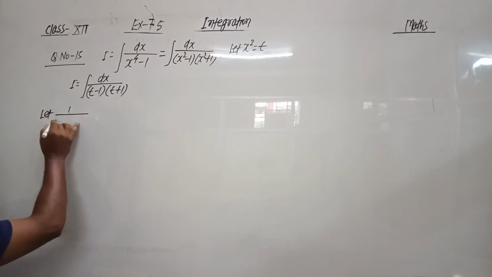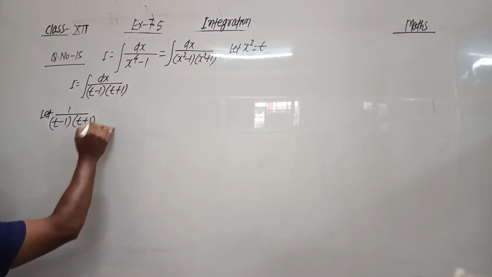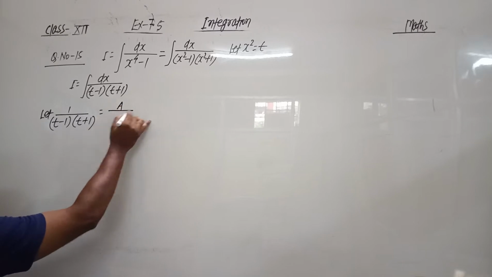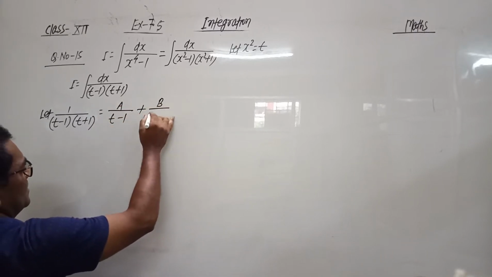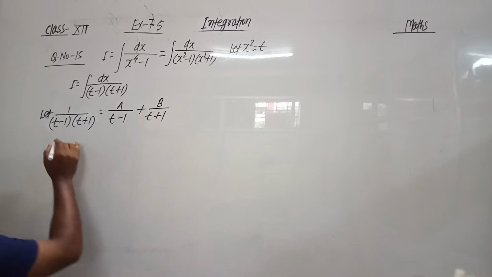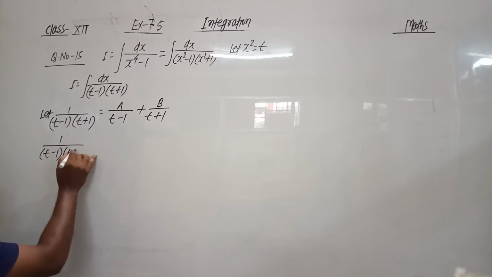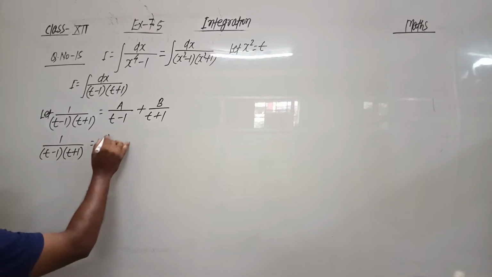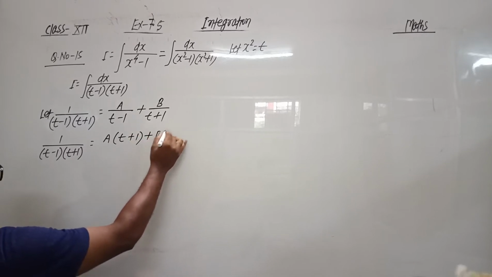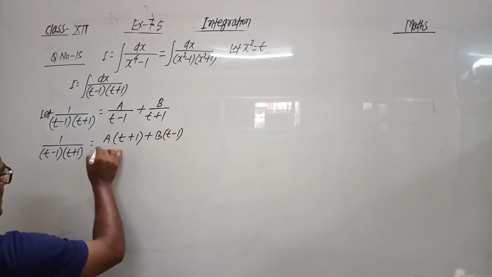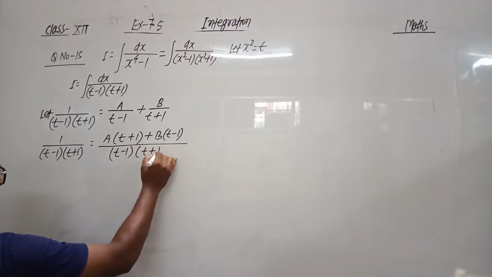So let 1 upon t minus 1 into t plus 1 be written as a upon t minus 1 plus b upon t plus 1. Then 1 upon t minus 1 into t plus 1 equals to a into t plus 1 plus b into t minus 1 upon t minus 1 into t plus 1.